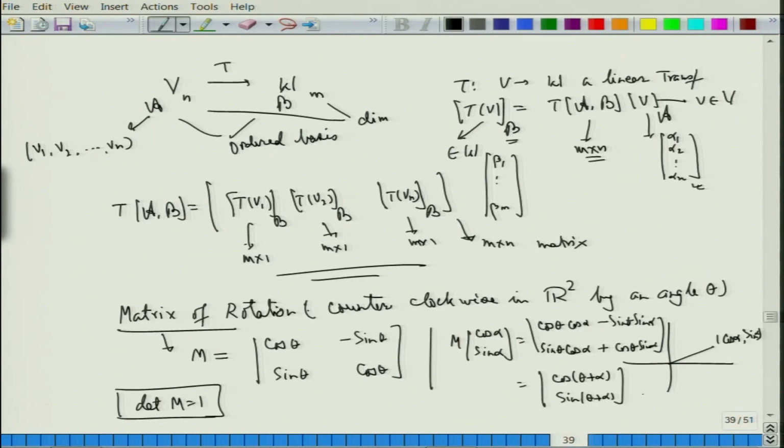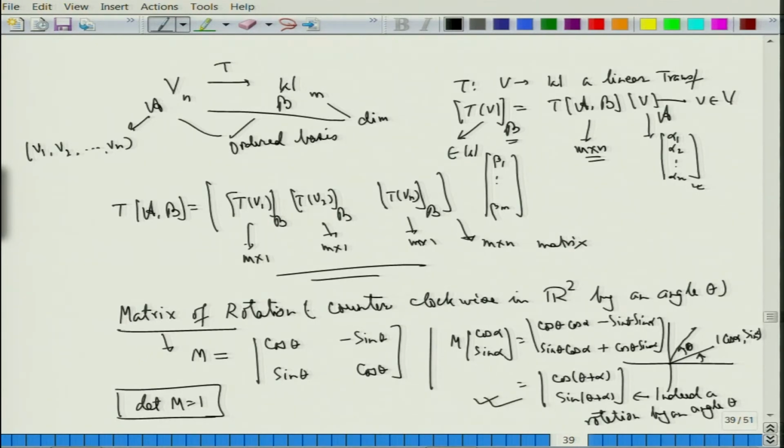So it is indeed a rotation by an angle theta, all right. Earlier the vector was cos alpha, sin alpha, means there was already a rotation of alpha. Now I am rotating by theta and I am getting another vector, fine, and this is what it says.